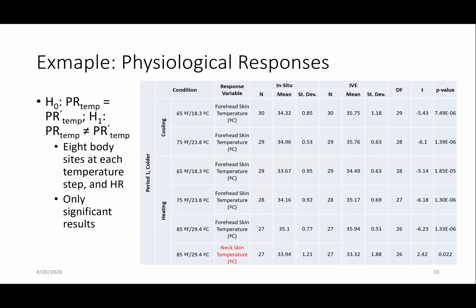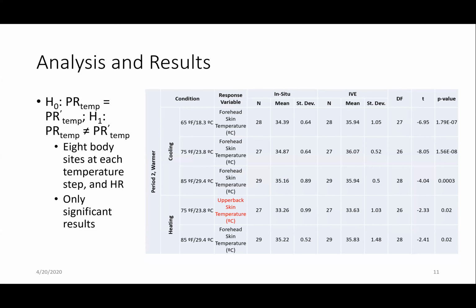And here are the physiological responses. I only reported those that tested as significant. And you notice that most of the significant results are related to the forehead. And we have two cases that are different at different locations, neck and upper back.